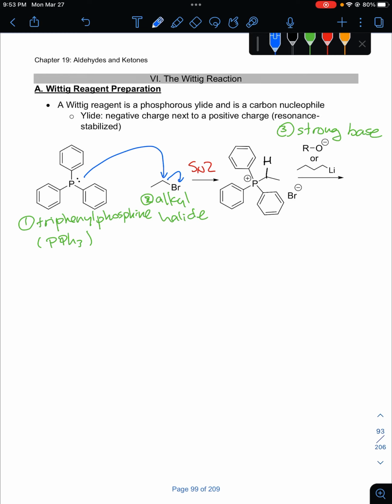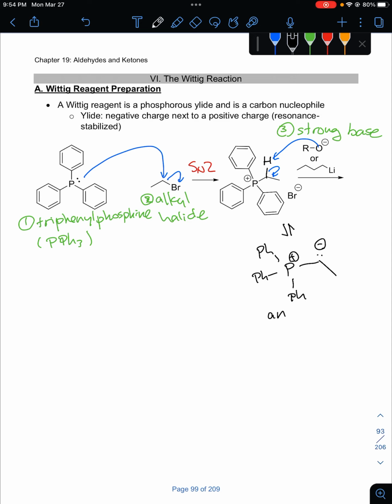The reason for that is once it gets deprotonated and you get the conjugate base, I'm going to abbreviate the phenyl groups. You get this weird species that has both a negative ion and a positive ion next to each other.